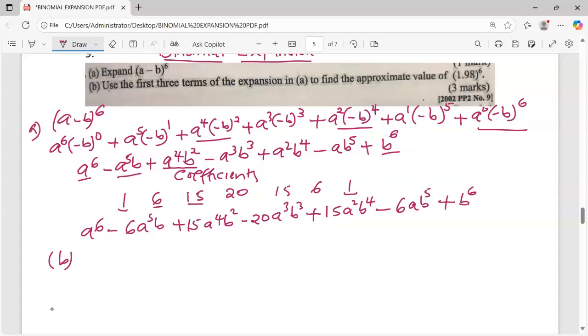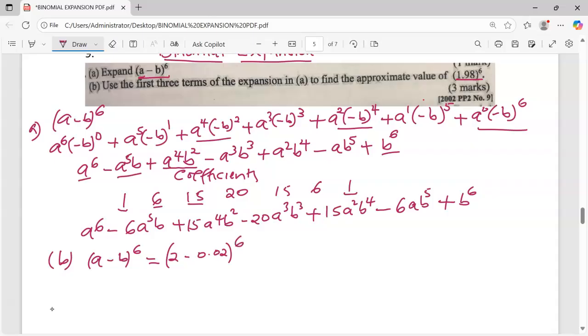Use the first 3 terms of the expansion in A to find the approximate value of 1.98 power 6. So we pick the expansion, which is a minus b raised to the power of 6, and we equate it to 1.98, which is the same as 2 minus 0.02, then we raise to the power of 6.